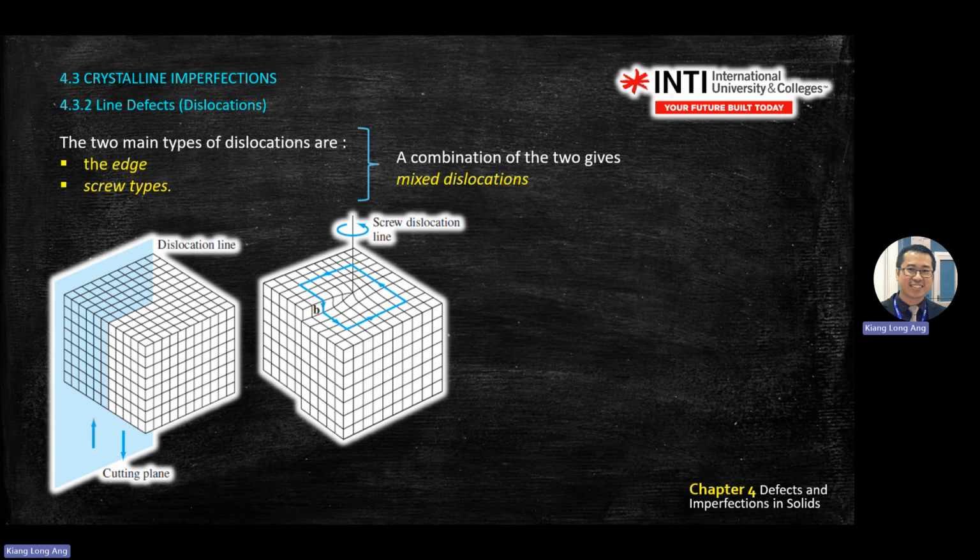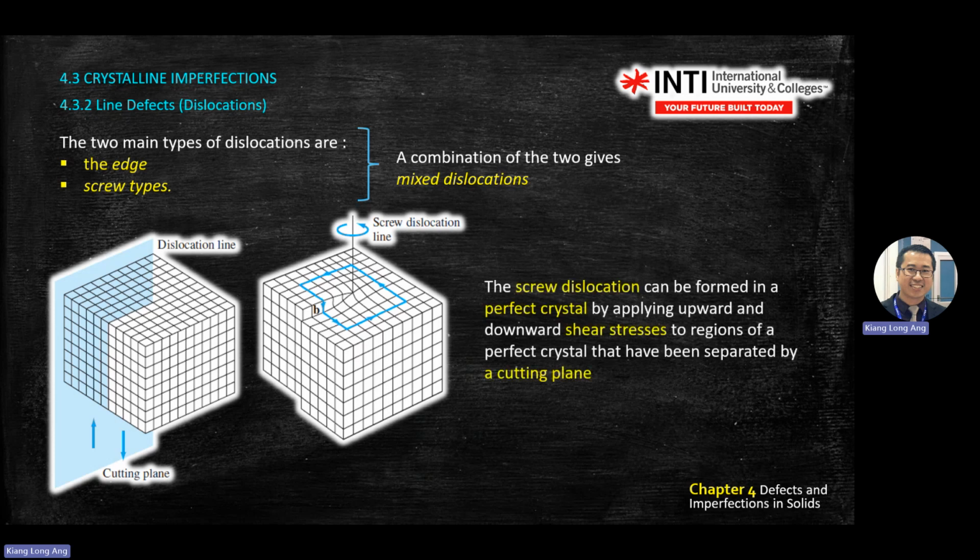Okay, so something like this. This is another type called screw dislocation. This one's like shear force. It's like an earthquake. One moves up, one moves down. It moves like this. Then this one will move in the screw.